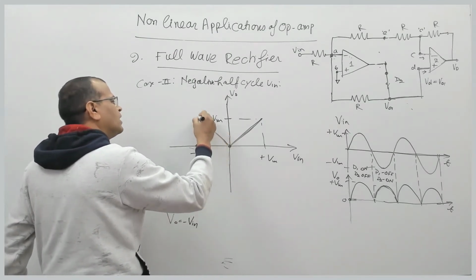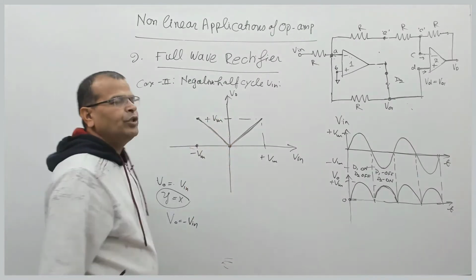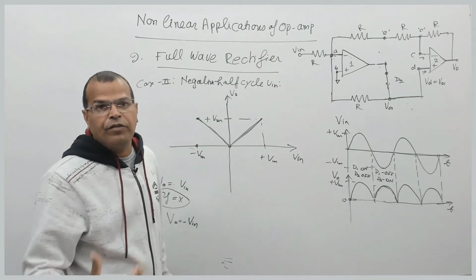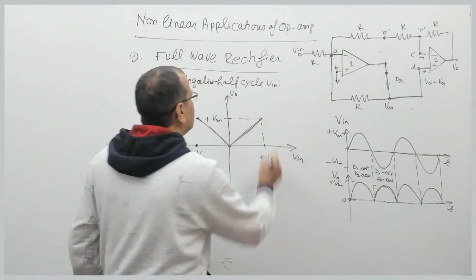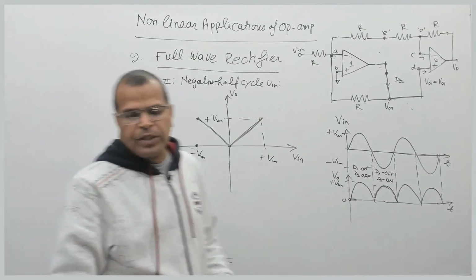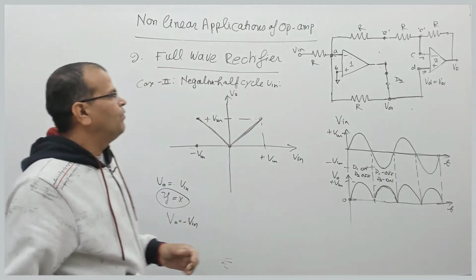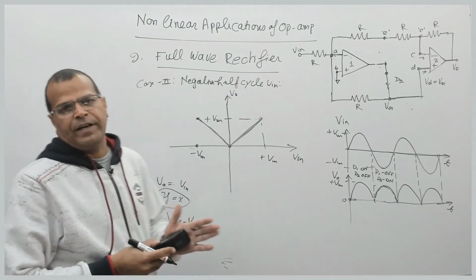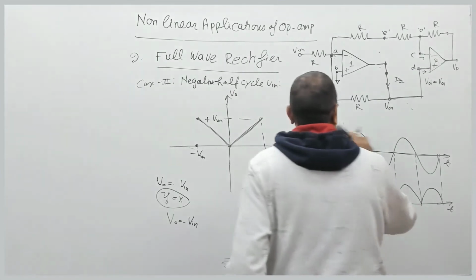So that gives the variation of output voltage during the negative half cycle of input voltage. So this is the transfer characteristic of the full wave rectifier. Fine. So I hope the concept is clear.